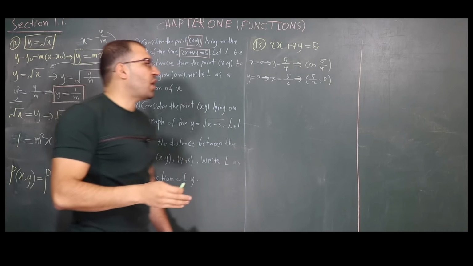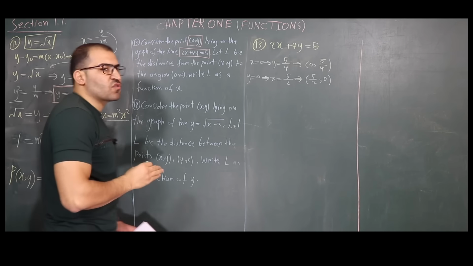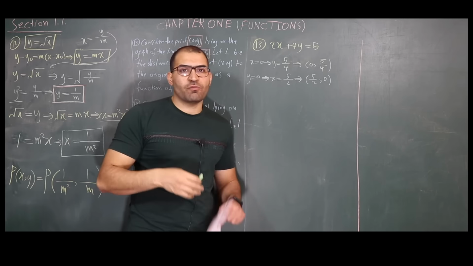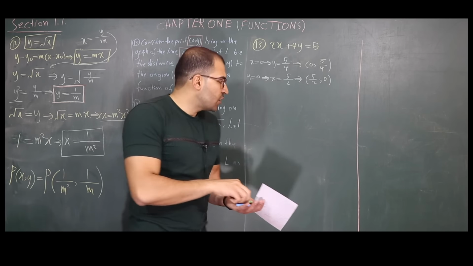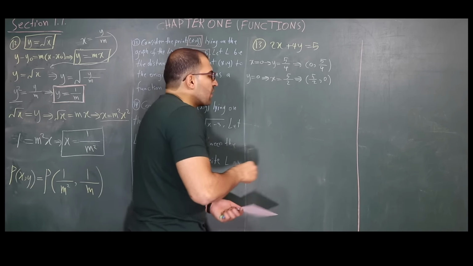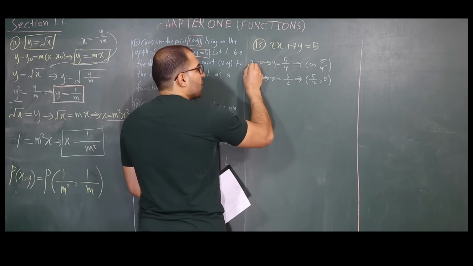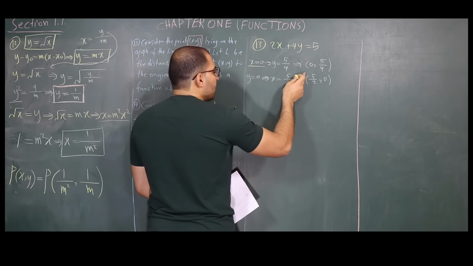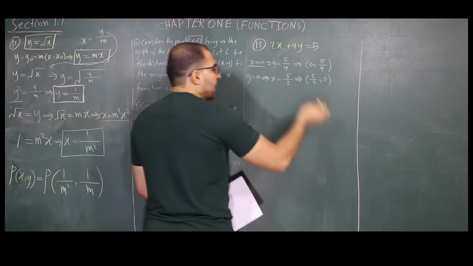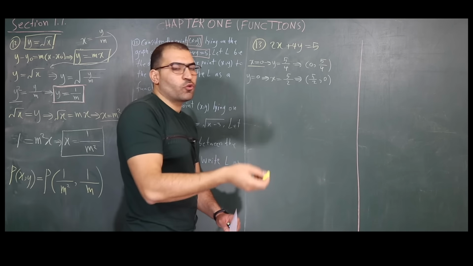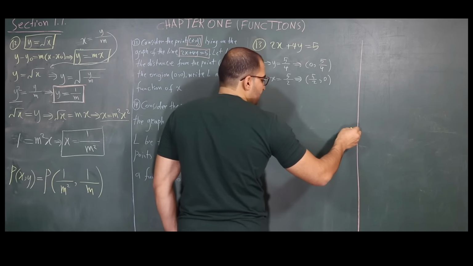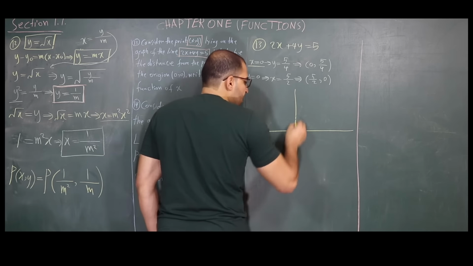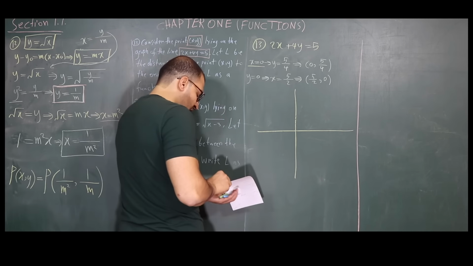We don't need to plot. He didn't ask us to plot, but I just wanted to plot it to make the solution clear. If you want to plot a line, take x as 0 and find y, and then take y as 0 and find x, and the result will be 2 points. Each point intersects with one of the axes, and it will be easy to find.